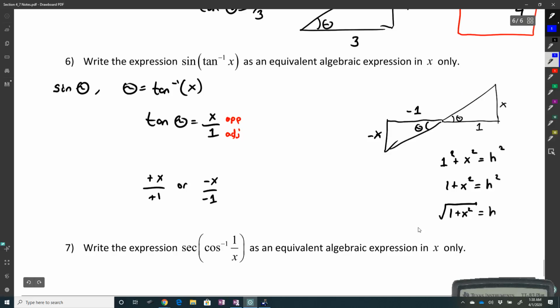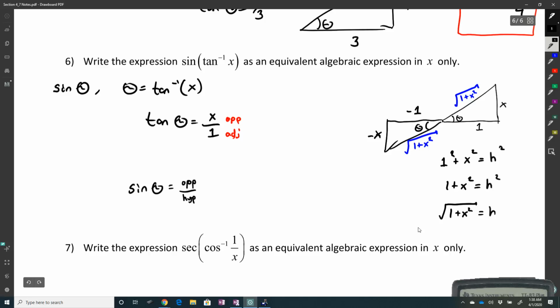Square root of 1 plus x squared. All right. Anyway, so now I want to find sine. Sine is opposite over hypotenuse.